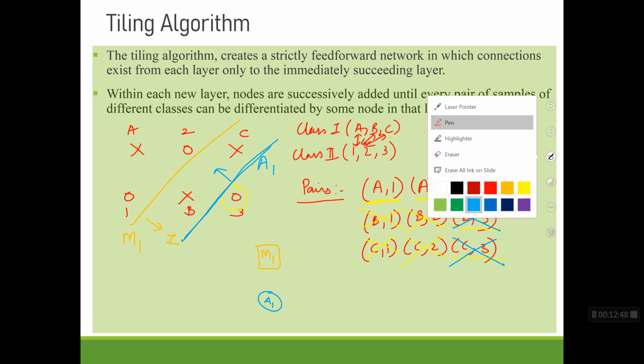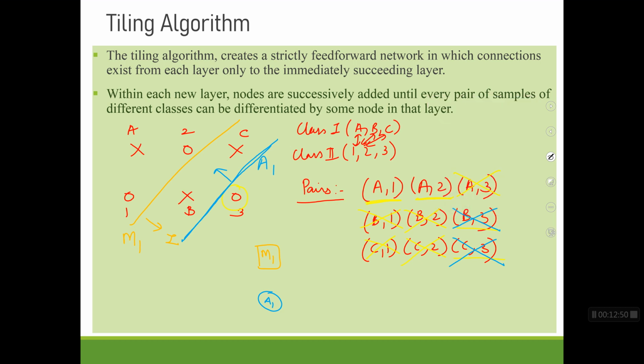So for that I will be drawing another line like this, and this side will be class 1, because you can see I have taken the direction of class 1 as positive. So this node will come here, A2. Is that clear? So this one will separate A1 and A2.